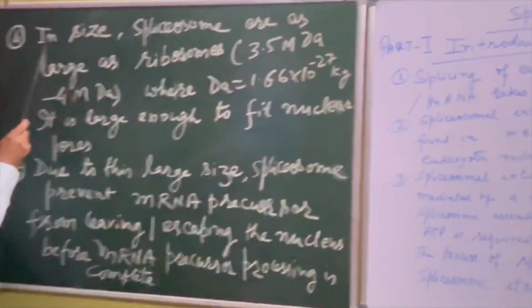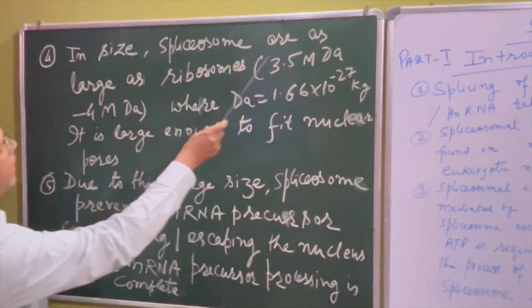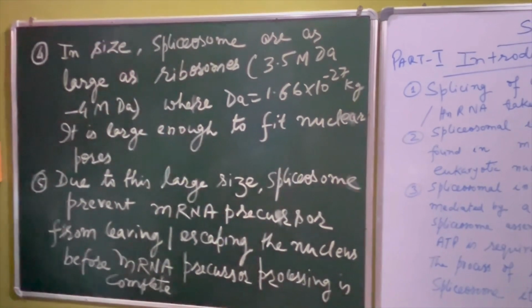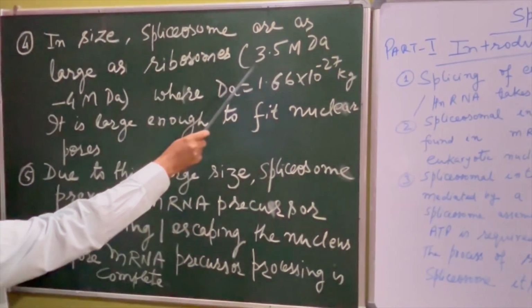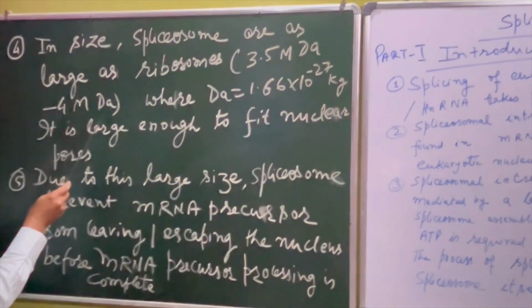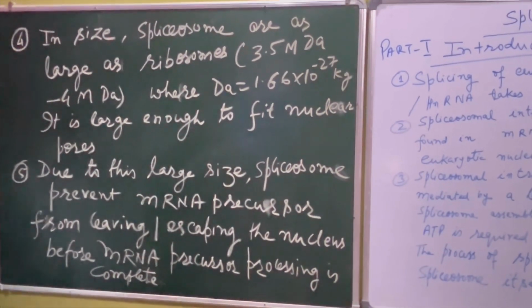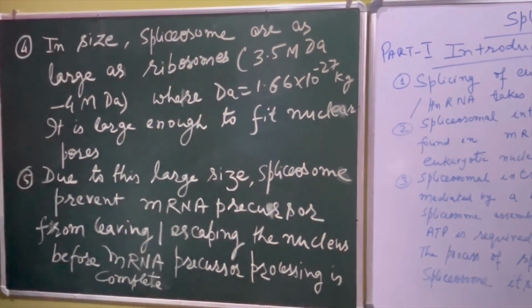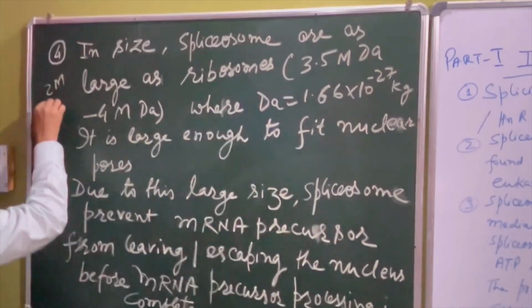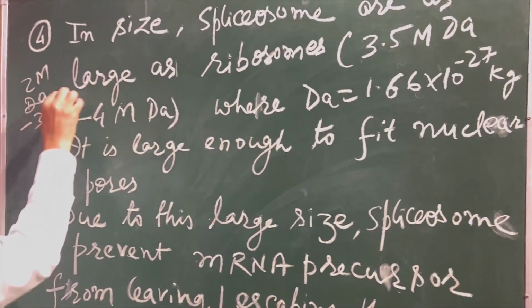In size, now we will talk about the size. Spliceosomes are as large as ribosomes, and their size is 3.5 megadalton to 4 megadalton. If you compare with ribosomes, the size of ribosomes is 2 megadalton to 3.2 megadalton.